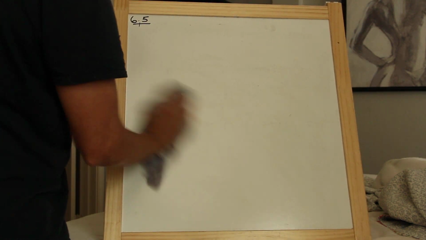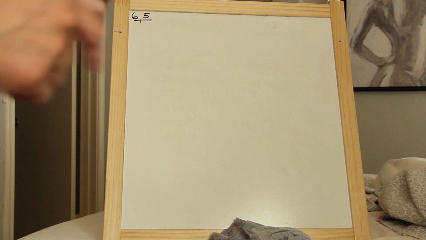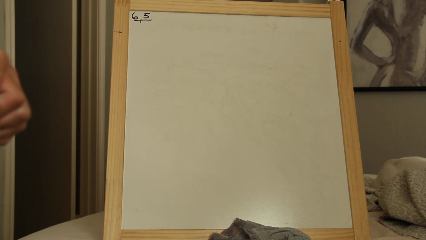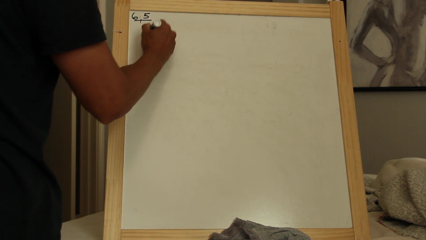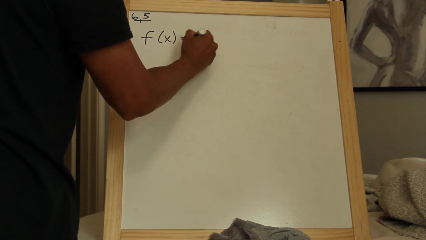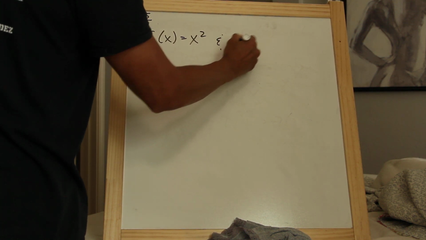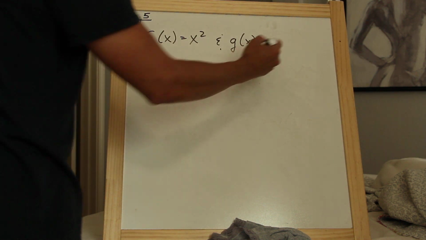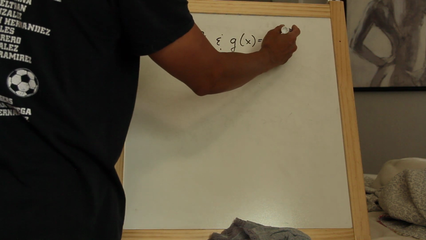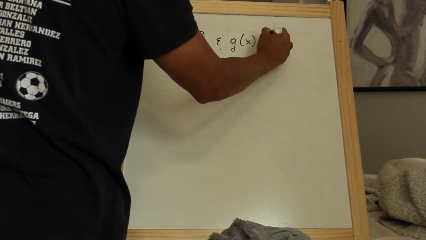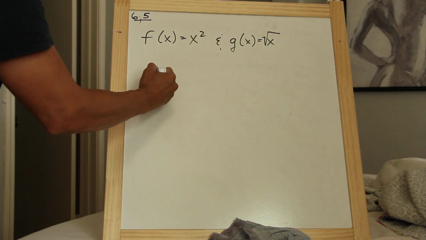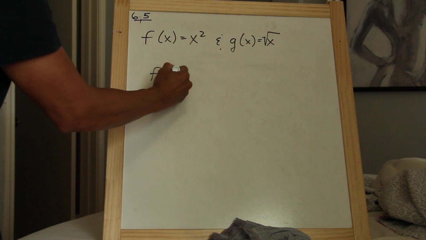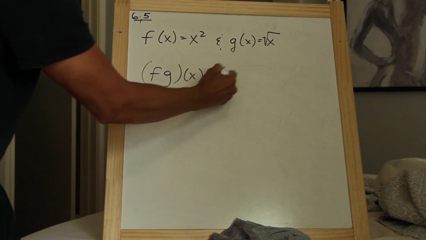You can see if I was doing subtraction in the second solution, it pretty much is the same thing as I did with addition, so I'm not going to go over that. What I want to go over is example 3, multiplying two functions. If f of x is equal to x squared and g of x is equal to the square root of x, what is f g of x?